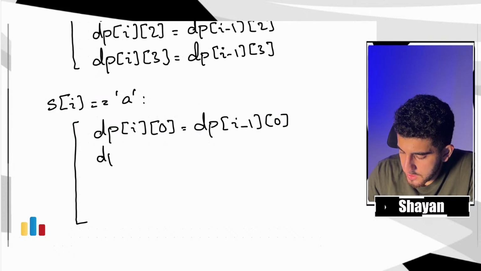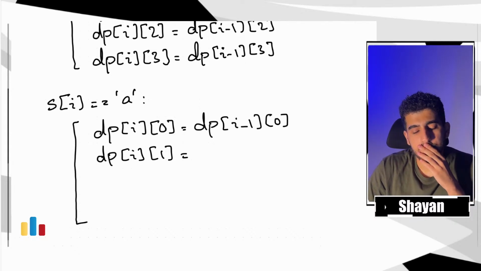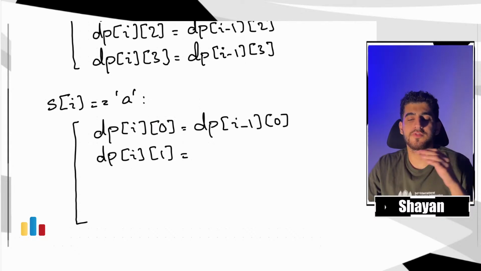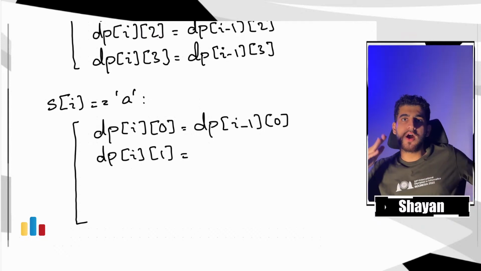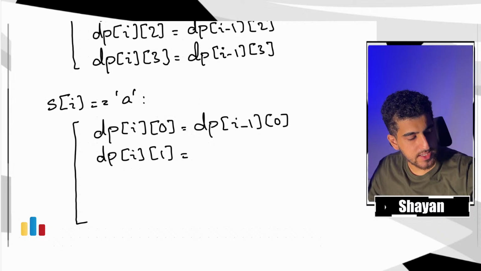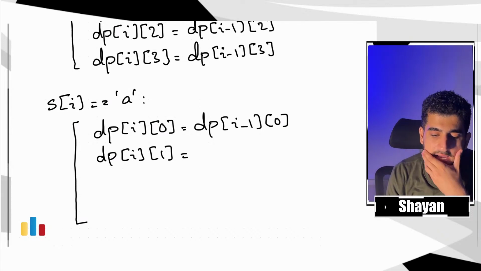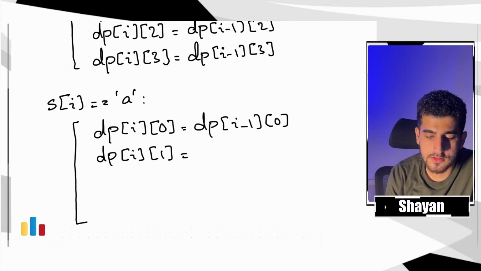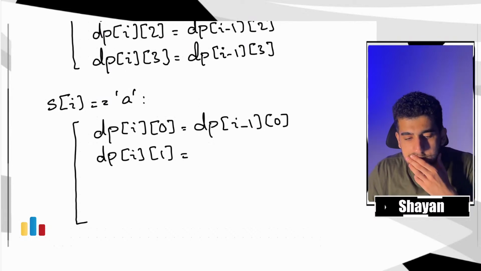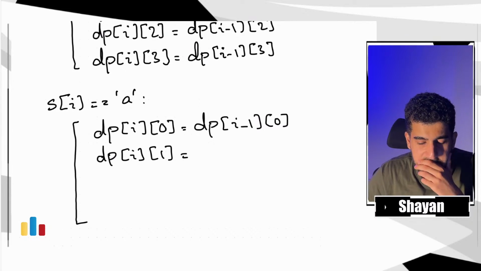What is dp of I and 1? What about dp of I and 1? dp of I and 1 lets H exist, but it doesn't let HA exist. So what is dp of I and 1?